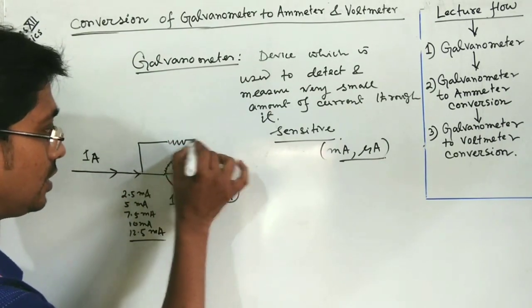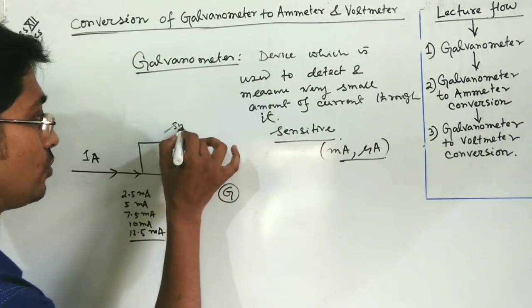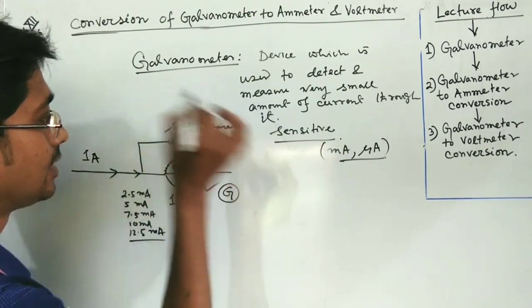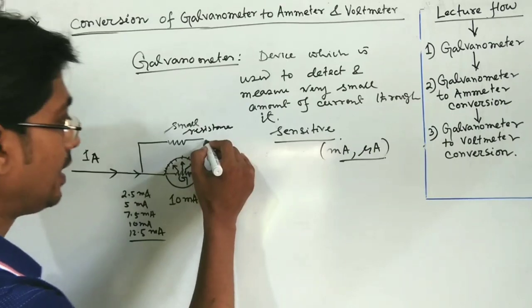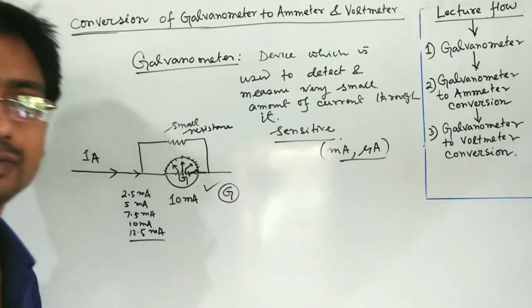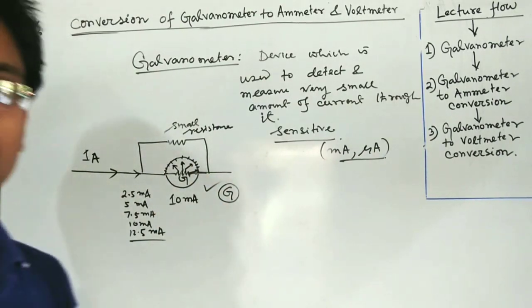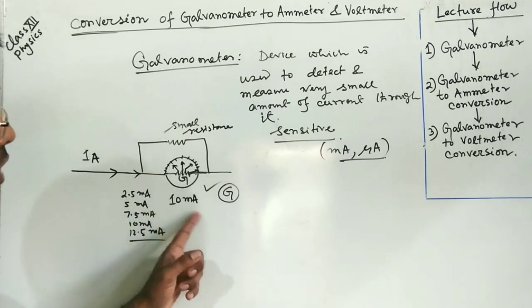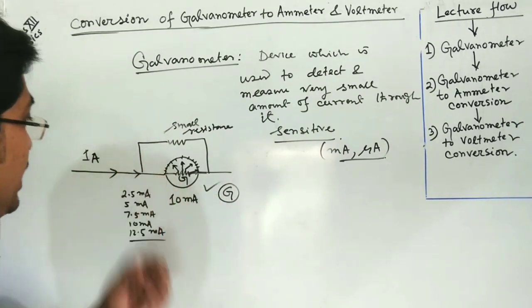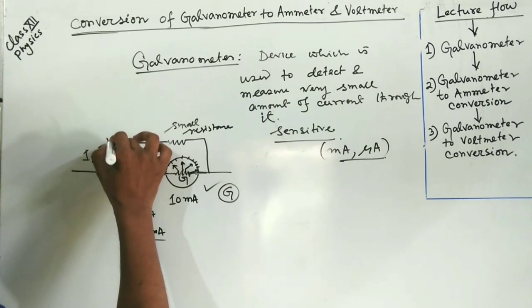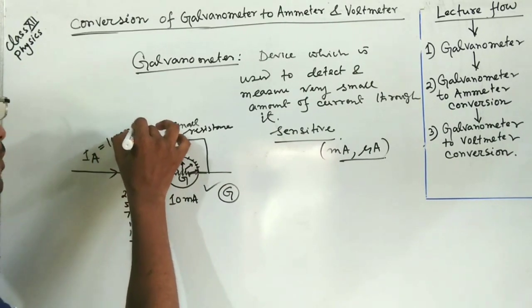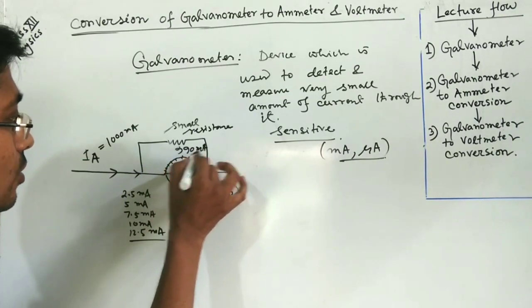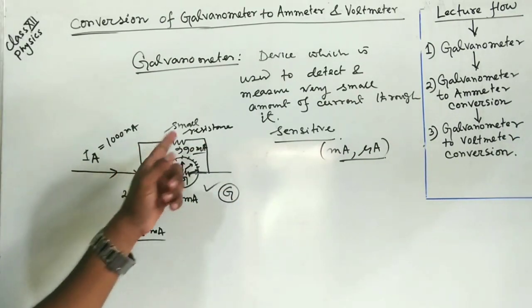So we have just attached this very small amount of resistance here. Then what will happen? We got the solution. So the maximum amount of current, 10 milliampere, will flow through this, and the remaining current, 1 ampere is equal to 1000 milliampere, so the remaining 990 milliampere current will flow through the shunt.